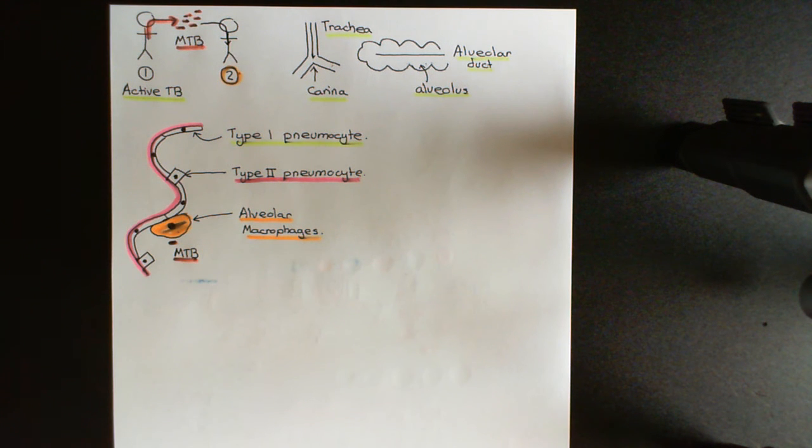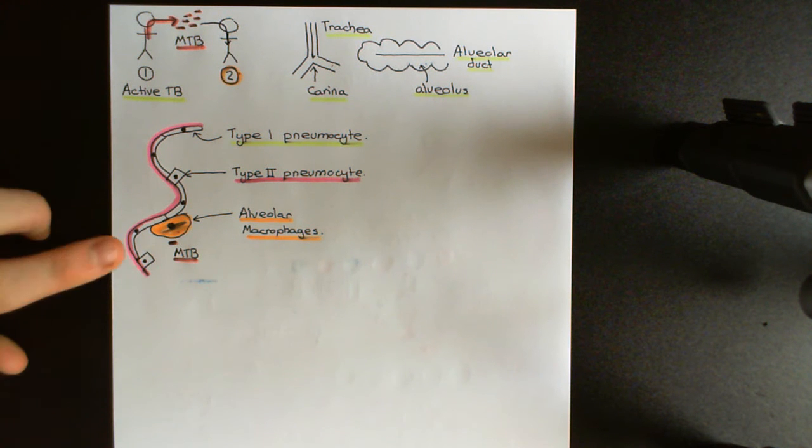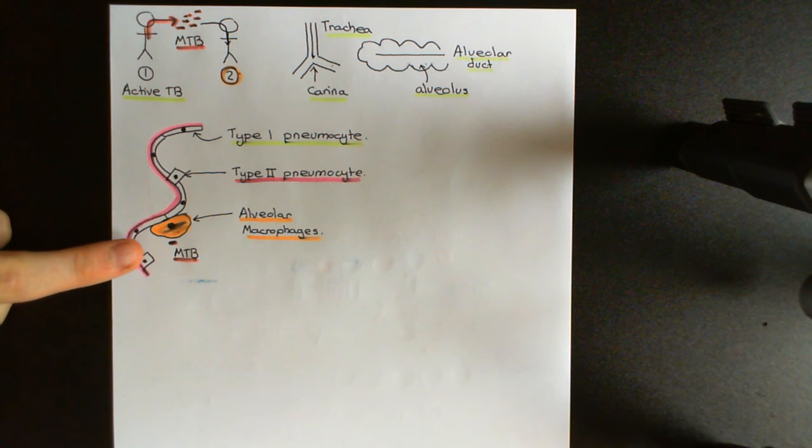So what we want to ask now is, what's going to happen? Well, the alveolar macrophages are not going to like the fact that this Mycobacterium tuberculosis is now present within this alveolus. But the first question that we need to ask is, how on earth is it going to realise what this thing is? How is it going to recognise that this is something very dangerous? So that's the first thing that I want to explain.